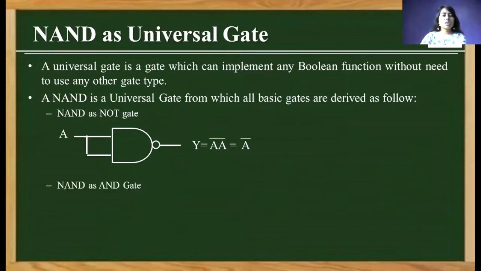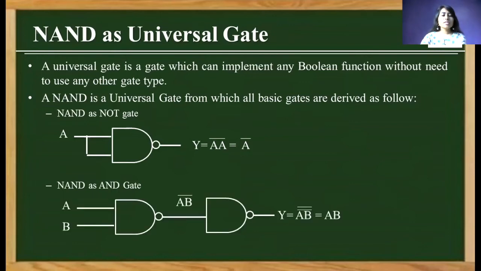Then next, NAND as an AND gate. Here is the graphical representation of how NAND works as an AND gate. In the first NAND gate we give A and B two inputs and the output is AB dash, and using only one input we again give it to a NAND gate.